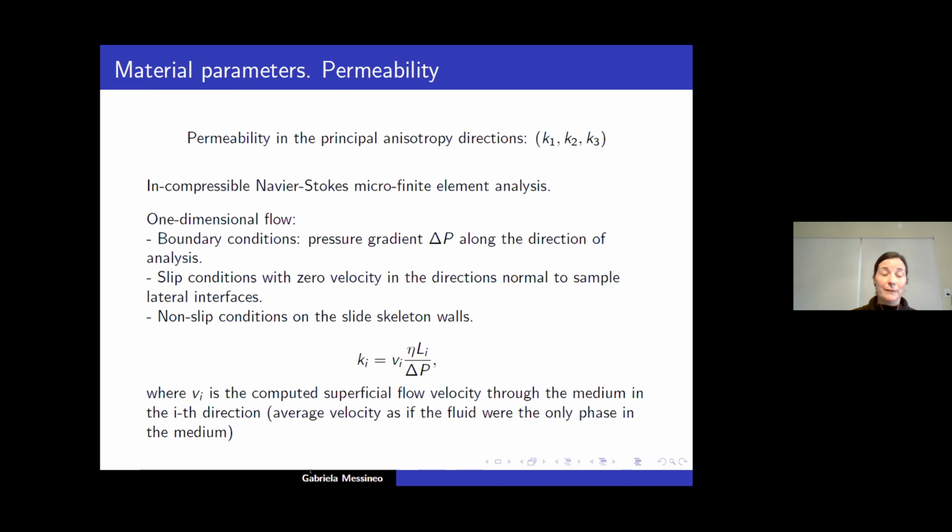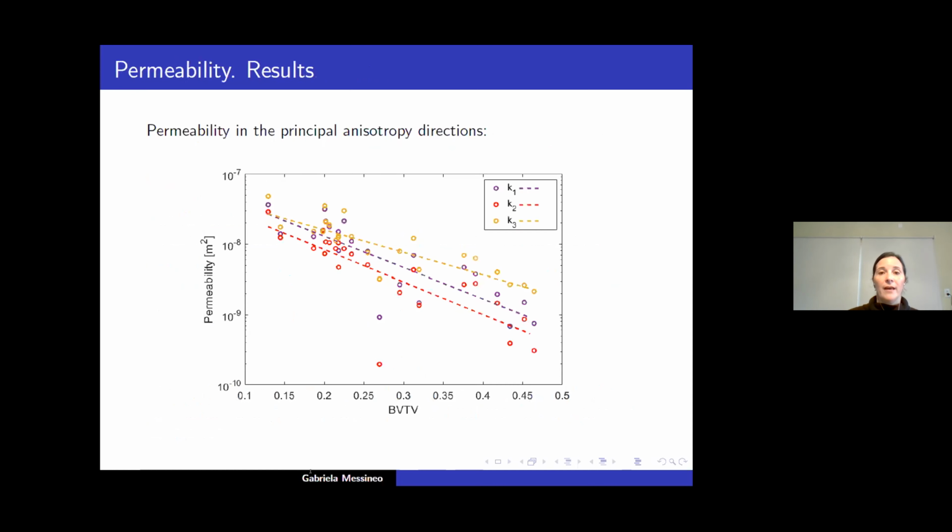Then, using Darcy's model, permeabilities were calculated according to the velocities computed with the finite element analysis. So we have the permeability in the 3 principal directions, and here are the graphics, with the ordinate axis in logarithmic scale. Despite the dispersion of the results, the exponential fitting works pretty well, and besides, preliminary studies show that the permeability has a negligible effect on the wave velocities.